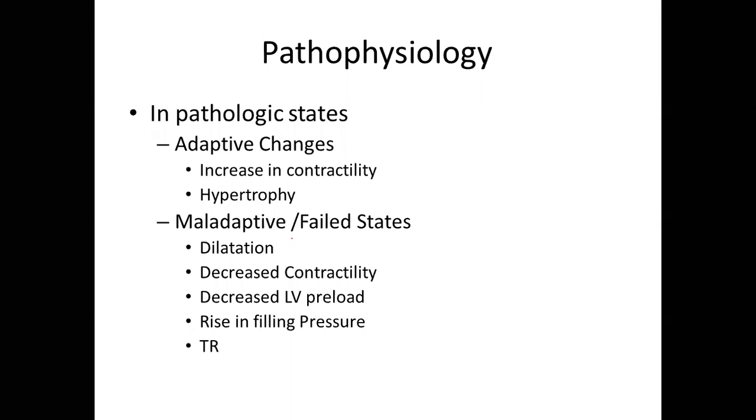In certain situations, RV hypertrophy can be seen within 48 hours of the insult. This occurs because of rearrangement of sarcomeres and also dilatation. In the maladaptive situation or failed states, the RV starts to dilate, and the contractility will decrease, and the patient will have low preload and a rise in filling pressures of both ventricles, and TR will occur, which results in a vicious cycle, increasing volume overload.